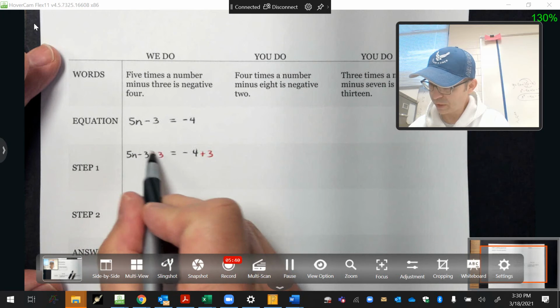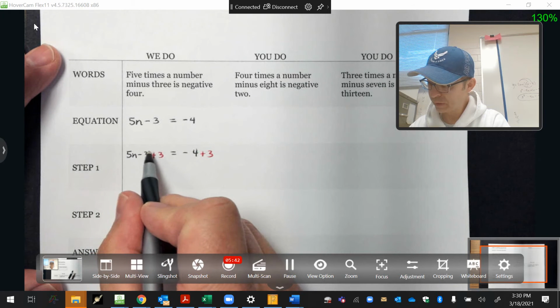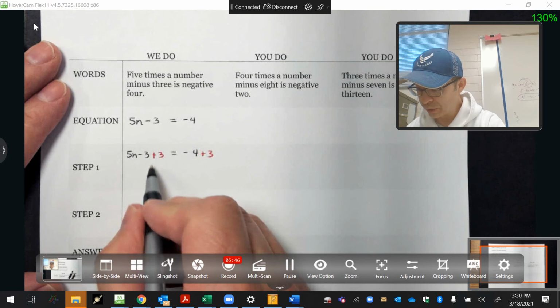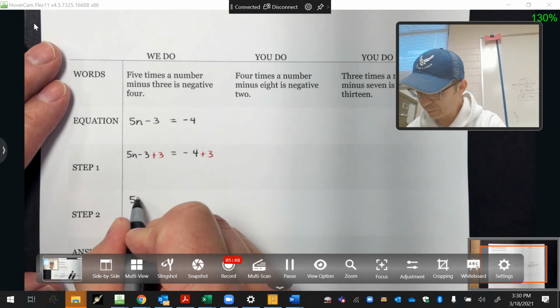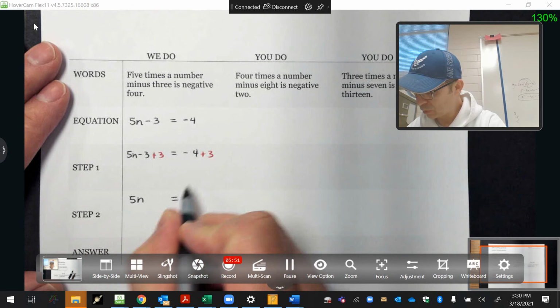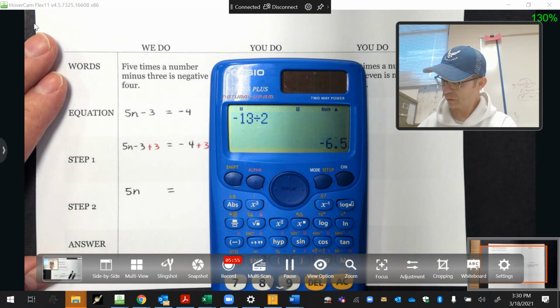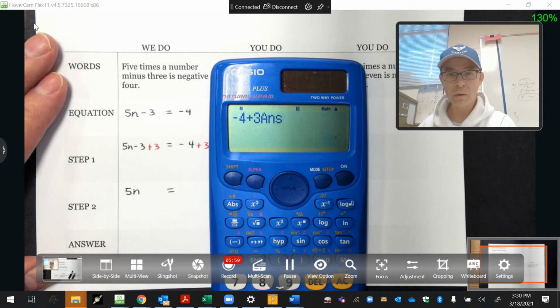Okay, and then you got 5n. Minus 3 plus 3 is nothing, so you just get 5 times n equals negative 4 plus 3. Negative 4 plus 3. Negative 1.